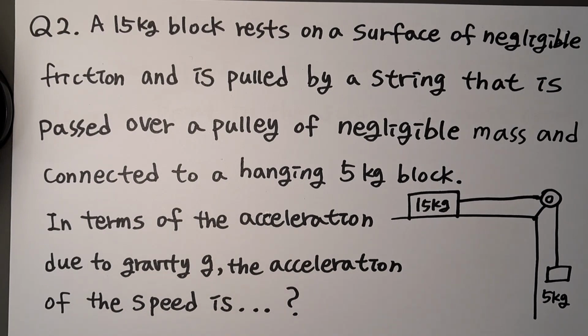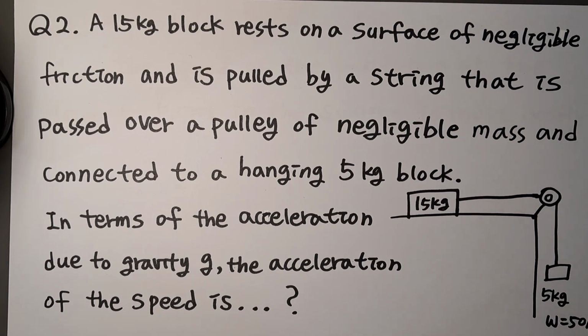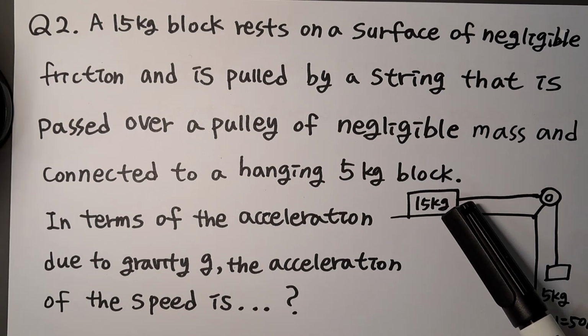A 15 kilogram block rests on a surface of negligible friction and is pulled by a string that's passed over a pulley of negligible mass and connected to a hanging 5 kilogram block. In terms of the acceleration due to gravity g, the acceleration of the block is? If we look at the entire system as a whole, then the weight of the 5 kilogram block is the force that accelerates both the 5 kilogram block and the 15 kilogram block.